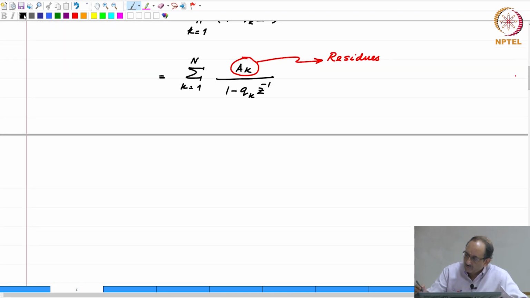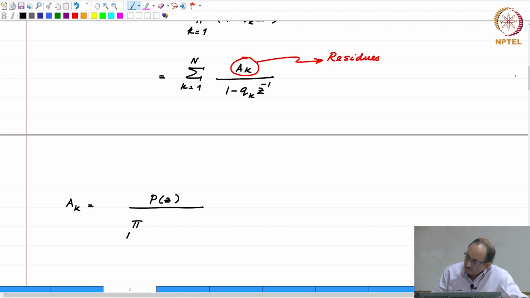And A k is given by P of z divided by the product over L going from 1 to capital N, L not equal to k, of 1 minus q L z inverse, and this whole expression is evaluated at z equal to q k.